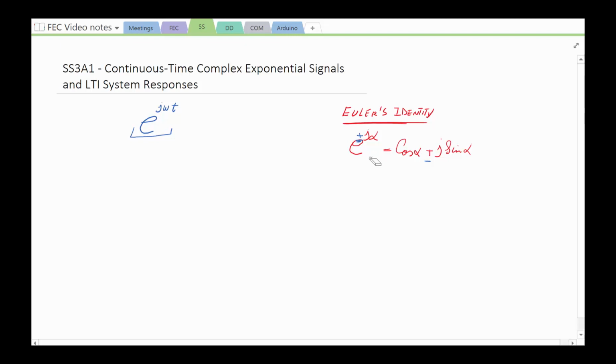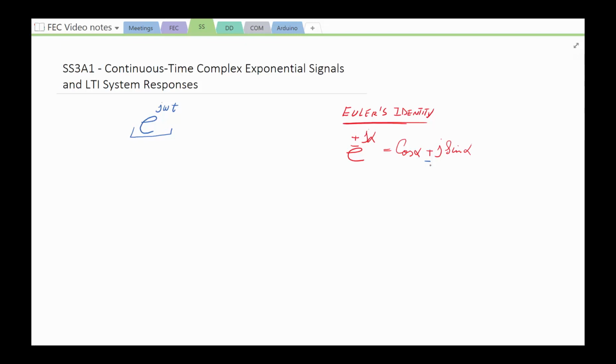I'm going to go ahead and erase this and write it a little cleaner so you can see it. So if you've got e to the j alpha, either plus or minus, if it's plus, then this will be a plus here. If it's a minus, it will be here. Now, simply by taking these and moving them around, we can come up with the opposite.